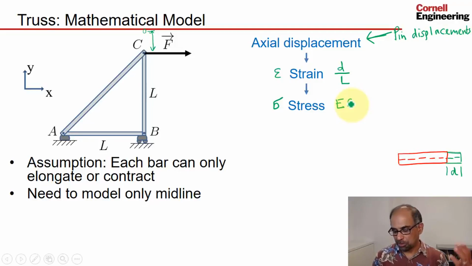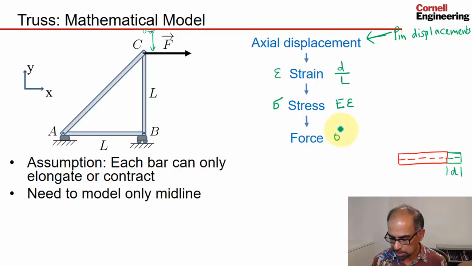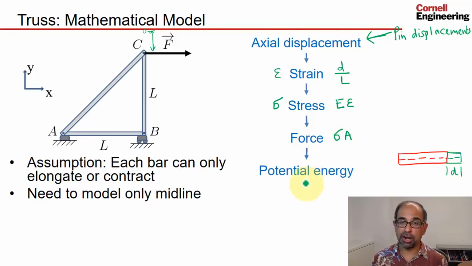Because everything's uniform, one can easily calculate the stress, which is uniform across the cross-section, and from that one can calculate the force in the bar, because you just take the uniform stress and multiply it by the cross-sectional area. And once I know the force, I can figure out what the potential energy is, and I'll talk more about that in just a moment, or probably in my next video.